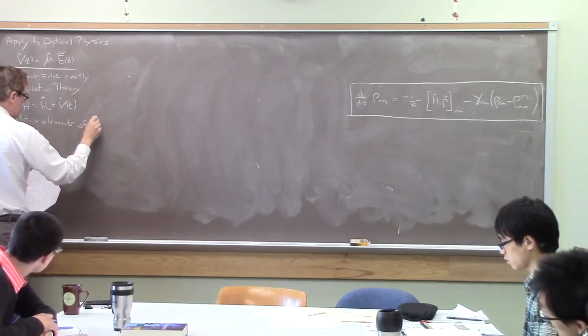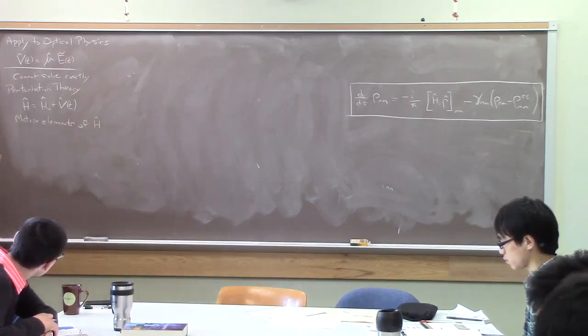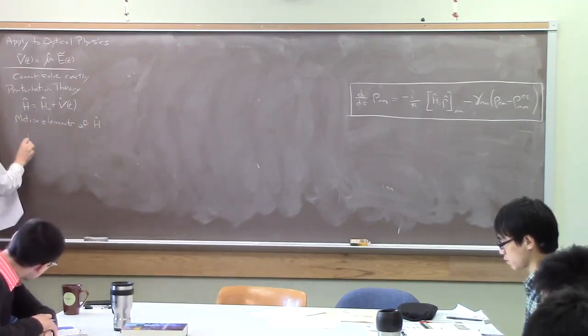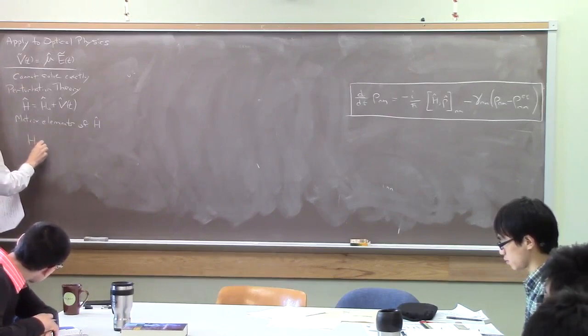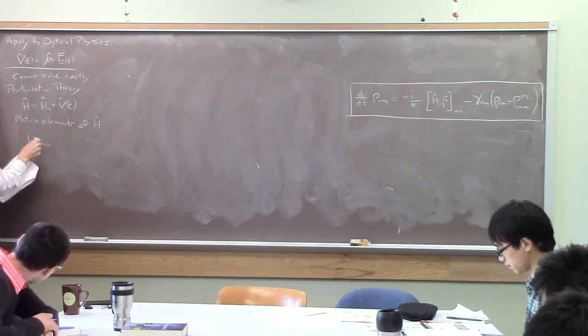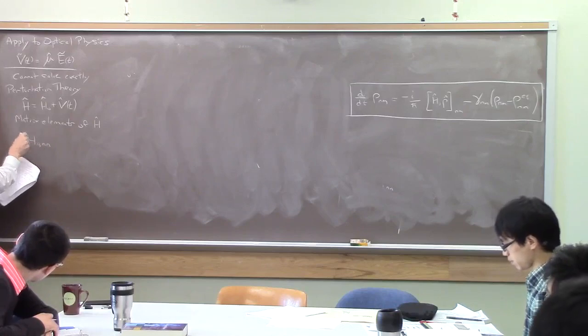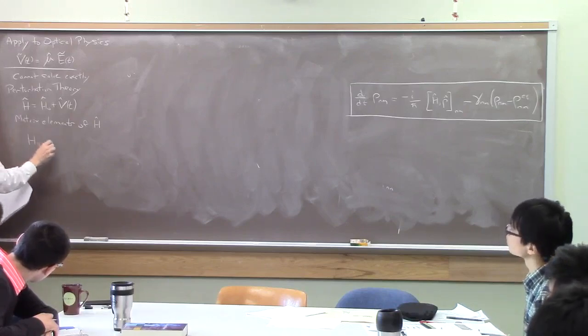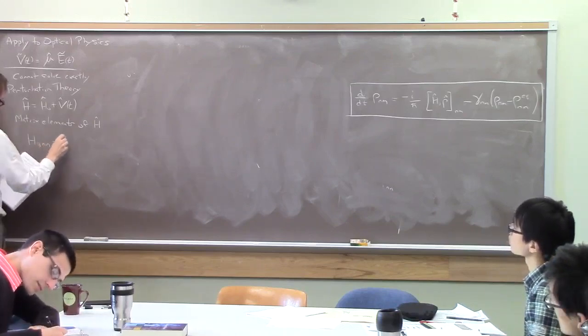We know we're going to need the matrix elements of the Hamiltonian to apply this formalism. So first of all, what are the NM matrix elements of the atomic Hamiltonian?